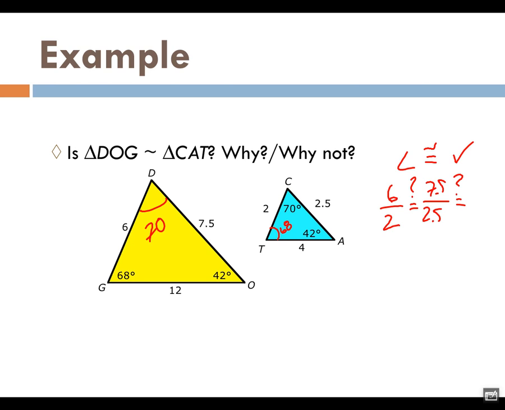And I'm wondering if that's also the same thing as 12 to 4. Sometimes these things will get a little wonky. The easiest thing to do is just convert them to decimals to see if they match. That's 3, that's 3, that's 3, so therefore we know that it's proportional. It's a little sloppy there. Let me clean that up.